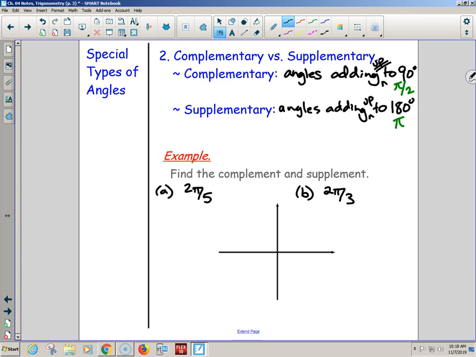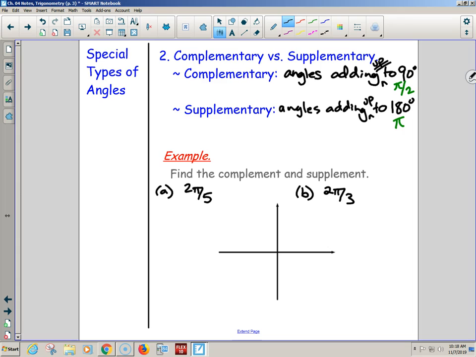So for the first one, to get to pi, you have to add 3 pi over 5, which equals pi. And then to get to pi over 2, you have to add half of pi over 5, or 0.5 pi. Are you still talking about A?